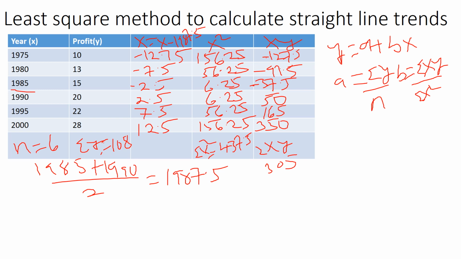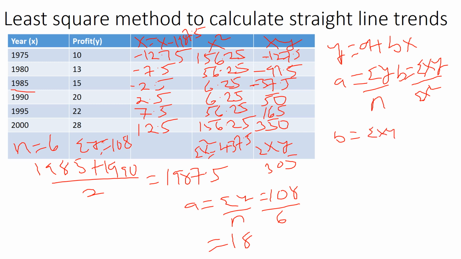So from that, now we can calculate the value of a and the value of b. We said that a is given by the summation of y divided by the number of observations. So in this case, we know that our summation of y is equal to 108 divided by 6, and this gives us the value to be 18. So we also need to get the value of b here. We know that b is equal to the summation of xy divided by the summation of x squared.